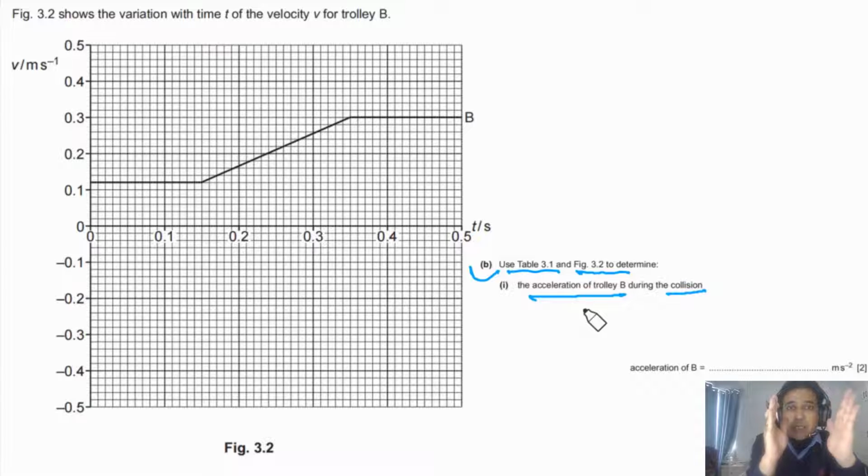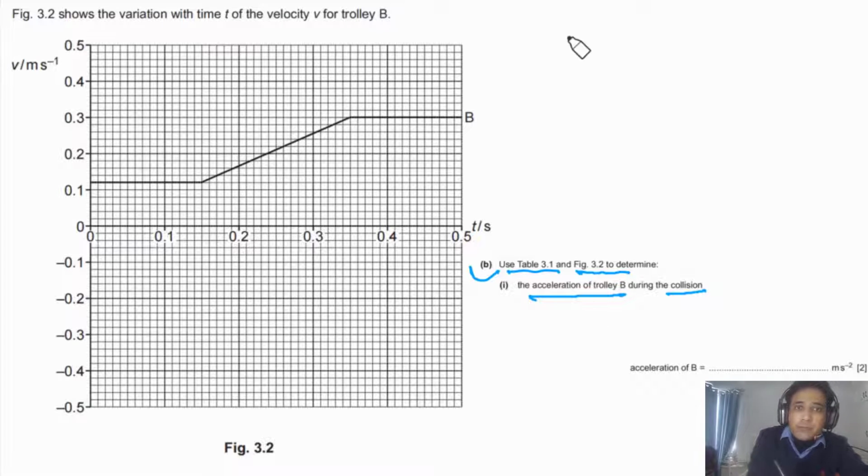That single force, along the horizontal, is the only force acting on the trolley. Of course weight is down, but we are talking about along the horizontal. That single force will change the velocity and cause acceleration.